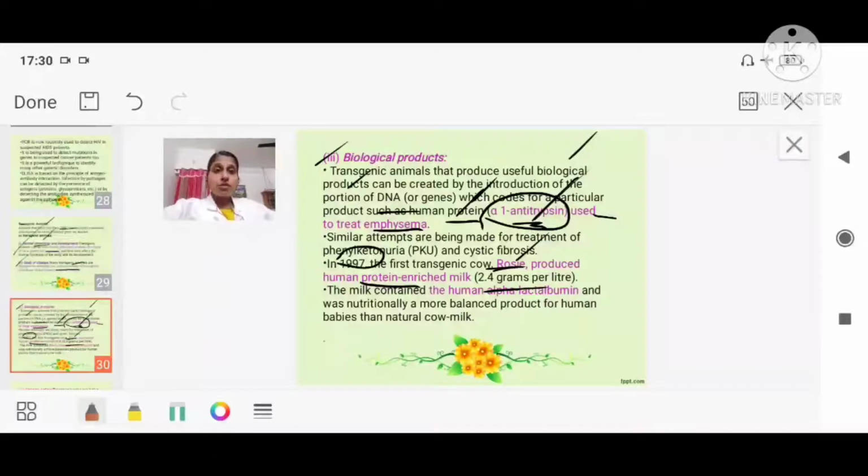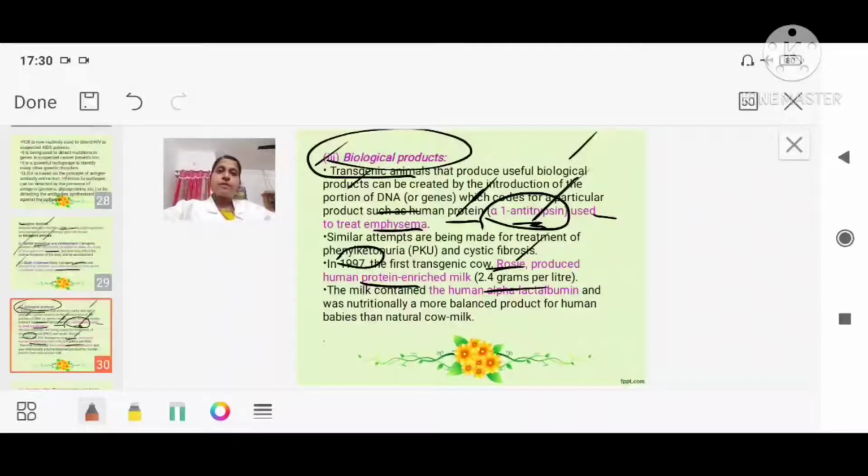And another one is cystic fibrosis, where the respiratory system and the digestive system are affected. So these are the diseases which can be treated by making transgenic organisms. These transgenic organisms produce the product, and that product can be used for treating the diseases, or as a food supplement.